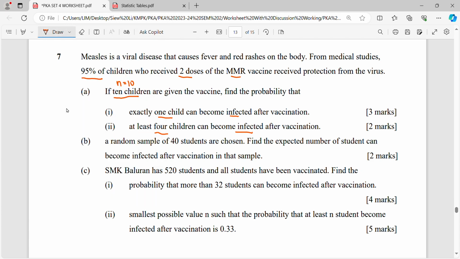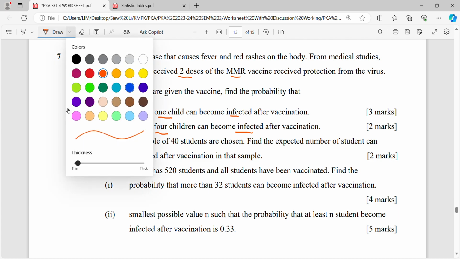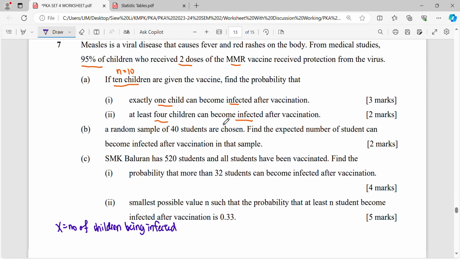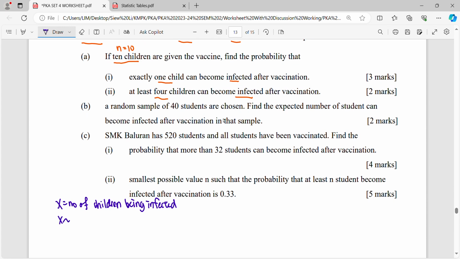So what's your X here? What is it talking about here? X, number of children being infected. So X is distributed binomial, sample we have 10.